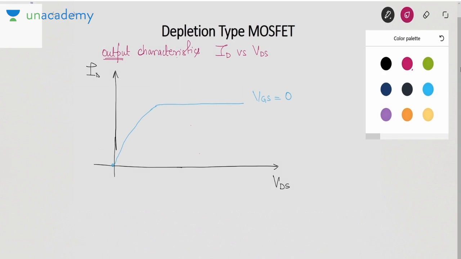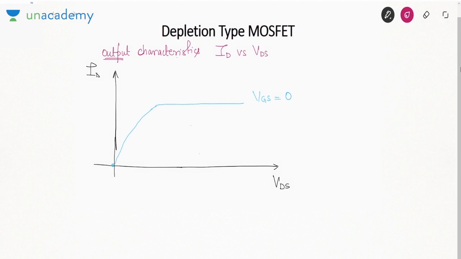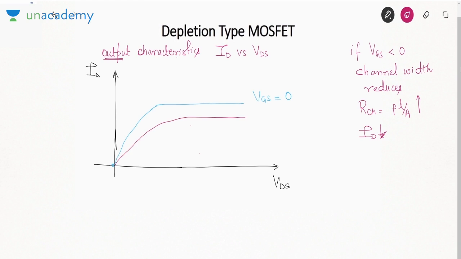Now if you apply negative voltage at VGS, if VGS is less than 0, the channel width reduces. If the channel width reduces, then what happens? The channel resistance is rho L by A. It will increase. If the channel resistance increases, the drain current will decrease. Okay. So when you apply negative value of VGS, the drain current will be less than the 0 value.